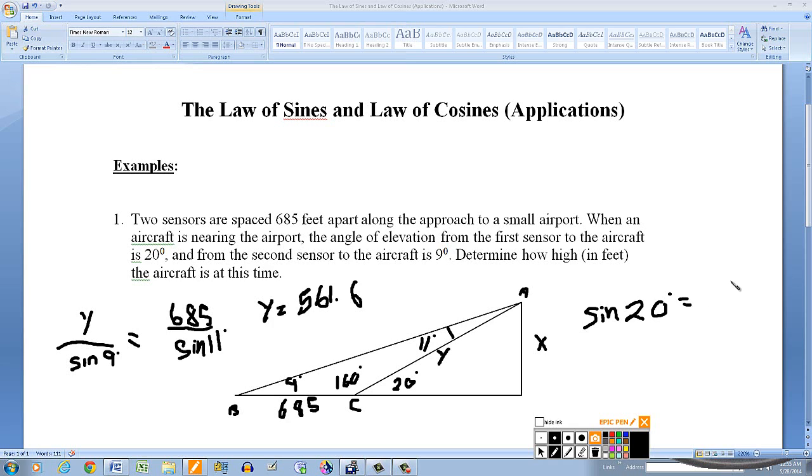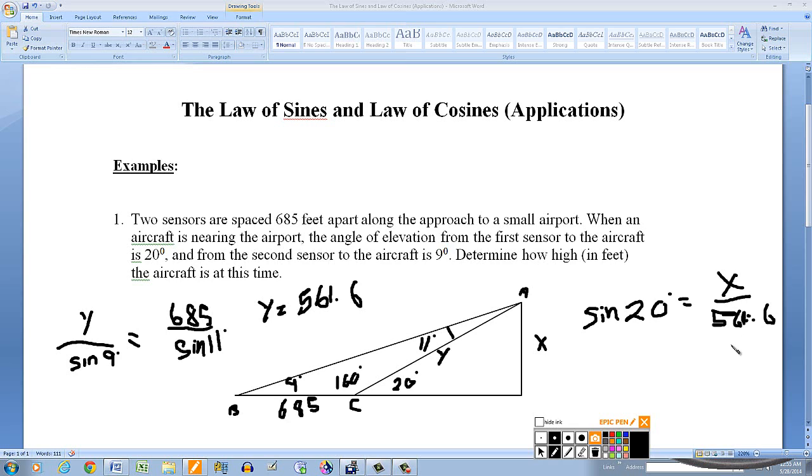Here I'm just using the definition of sine: X divided by 561.6.